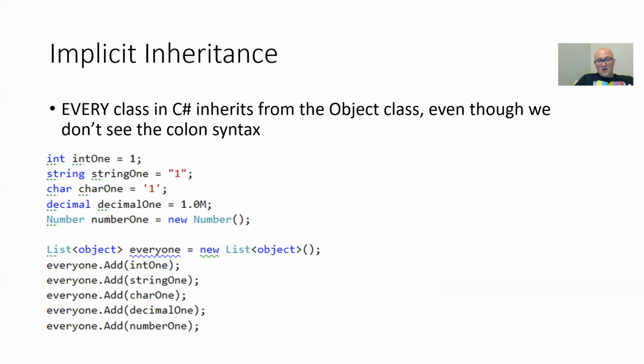I have a list called everyone, and it holds objects of type object. And I can add ints to it and strings and characters and decimals and number classes or number objects, right? All very different types. I haven't set up the inheritance relationship. This is just something that C# does. It's implicit that all classes are of type object.